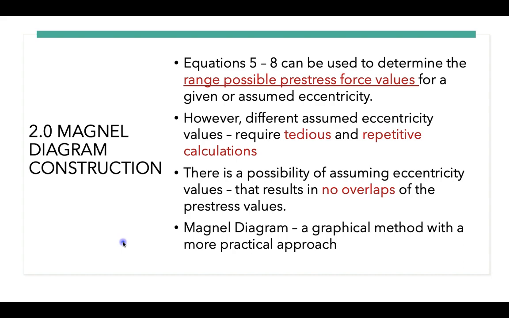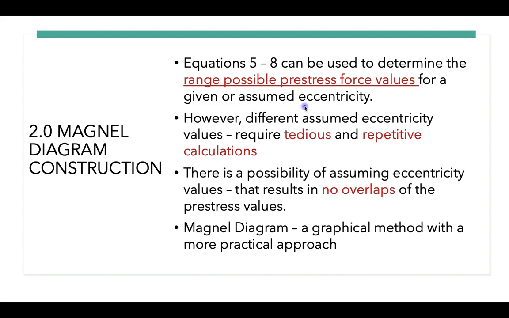We are going to proceed with the second subtopic, which is the Magnel diagram construction. Equations 5 to 8 can be used to determine the range of possible prestress force values for a given or assumed eccentricity.